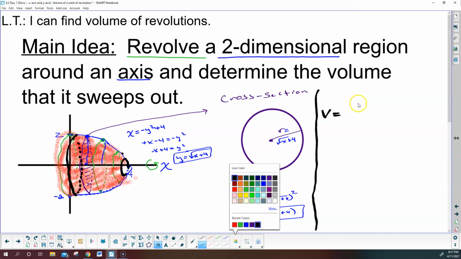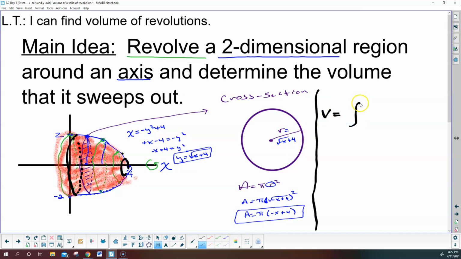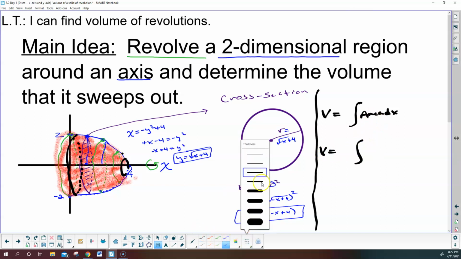Well, accumulation is the integral of the area with respect to whatever axis we're rotating about. So here I just put the dx. Okay. Now, we know a couple things, right? We know what the area is. We just found it right down here.